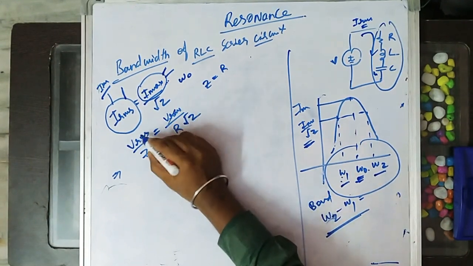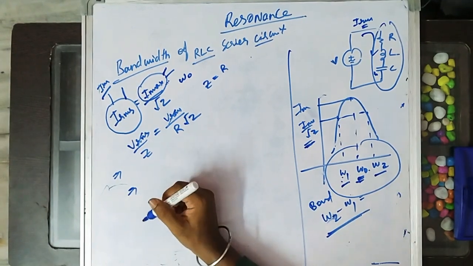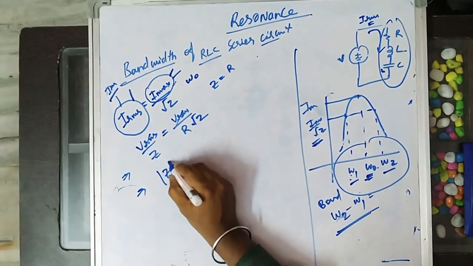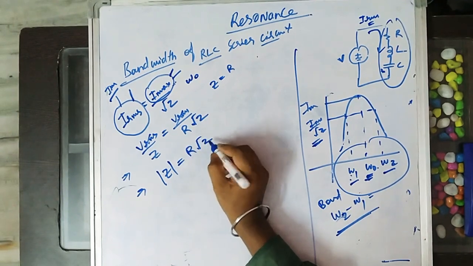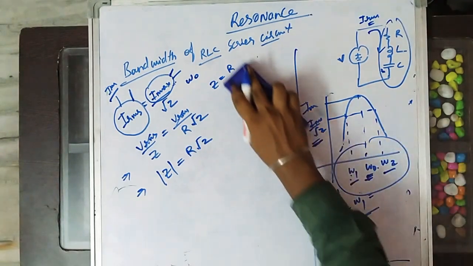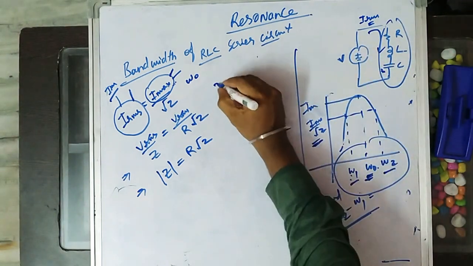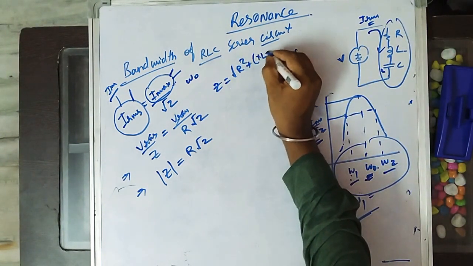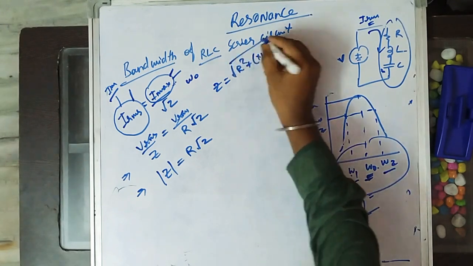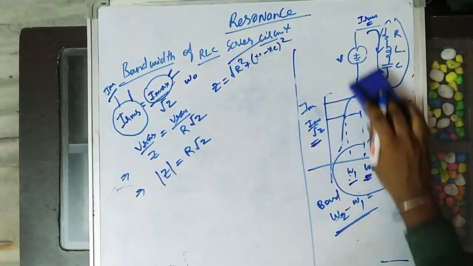The VRMS cancels on both sides, and you get Z equal to R root 2. We have Z equal to the square root of R squared plus the quantity XL minus XC, squared. Substitute that in here.